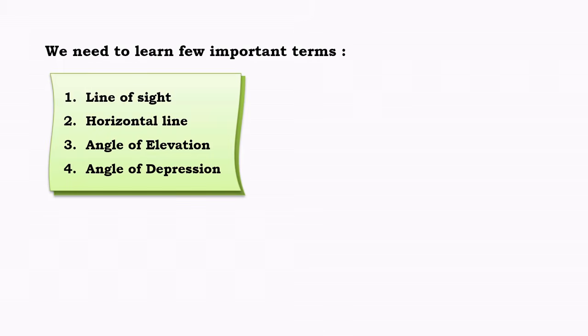Don't worry, these terms may sound a little difficult at first, but they are actually quite simple. We'll understand each one step by step, with easy examples and diagrams. So, let's begin with the first term, line of sight.